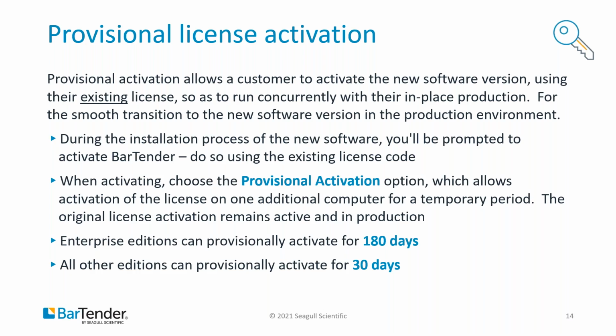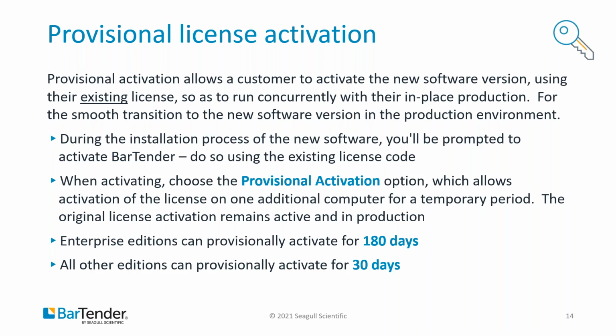So perhaps I should mention, with provisional activation, the idea is that you leave your existing license server intact and you install a new version of the software on a new different PC, and that you activate with the same product key code. We'll identify that it's the same product key code but on a different computer.